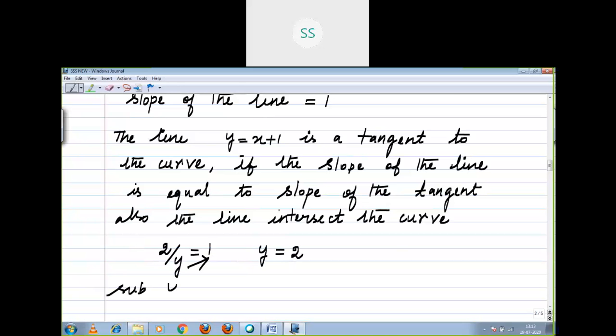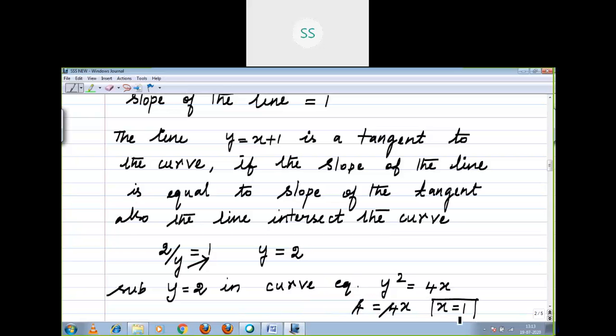Substitute y is equal to 2 in the curve equation only, always, right? In the curve equation, y square equal to 4x. So 4 equal to 4x. Then what is your x? x is equal to 1. And y is equal to 2.